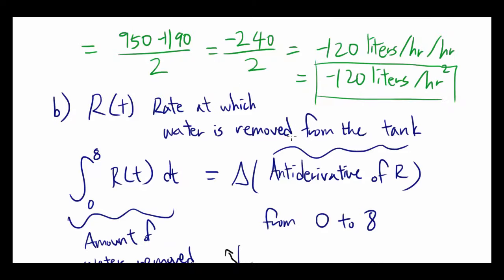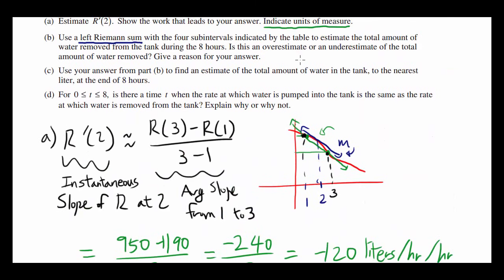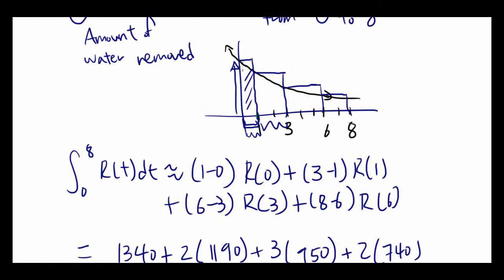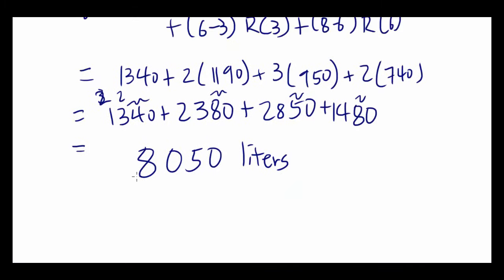Now, is this going to be an underestimate or an overestimate? Since we are using the left Riemann sum, the sum of the areas of the rectangles is greater than the area under the function. So this is giving us an overestimate, because the area given by this is more than the actual area.